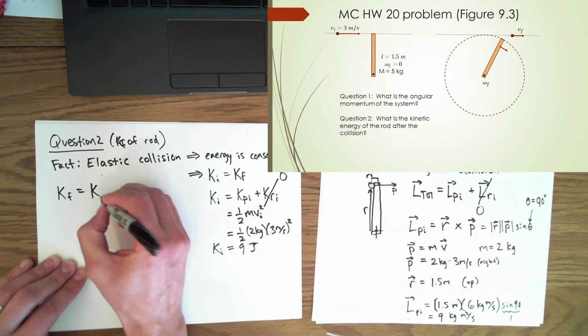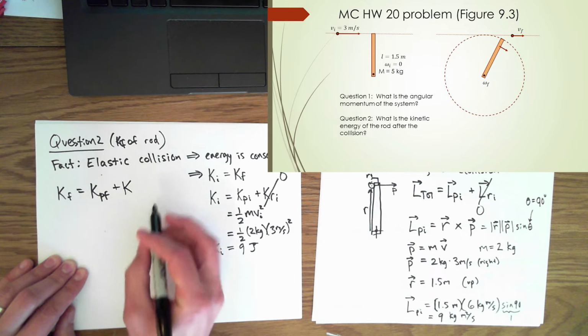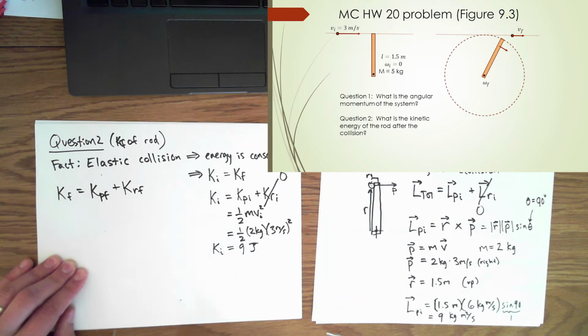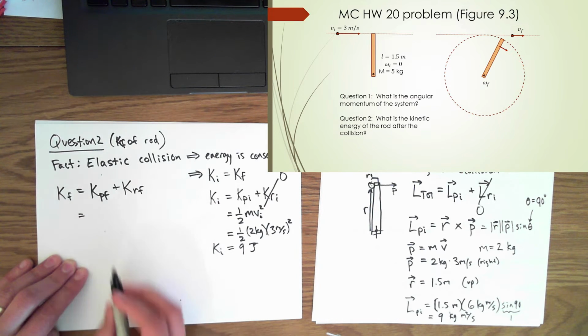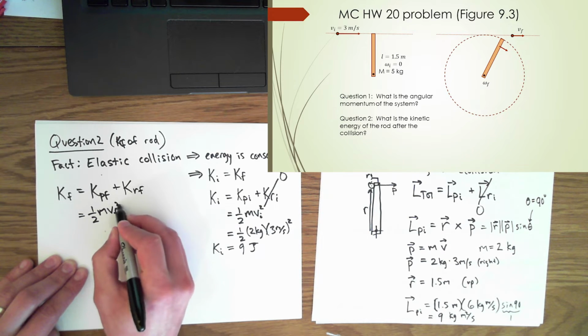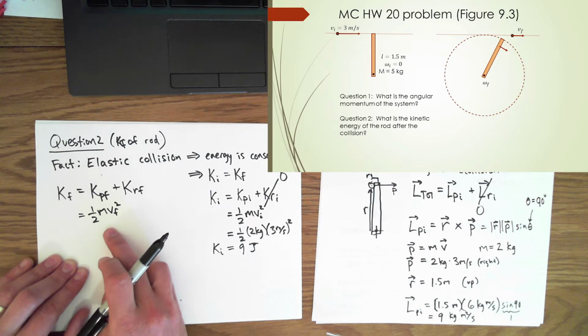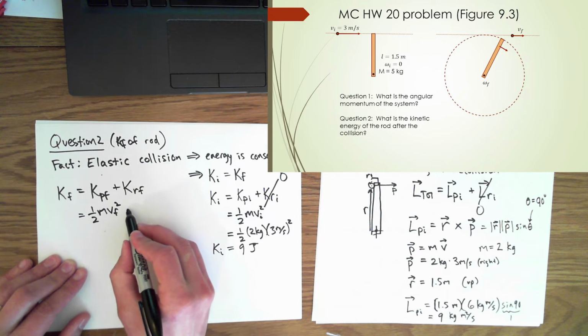That's going to be K final for the particle plus K final for the rod, right? Those are the two parts of the system to worry about. For the particle, again, it's going to be 1/2 m v squared, but this time it's v final, which we weren't given in the problem.